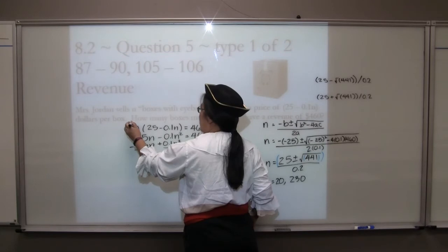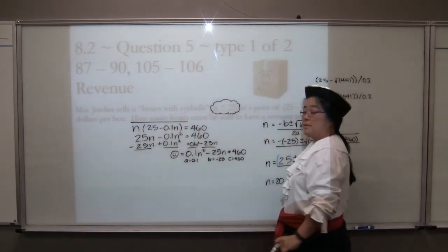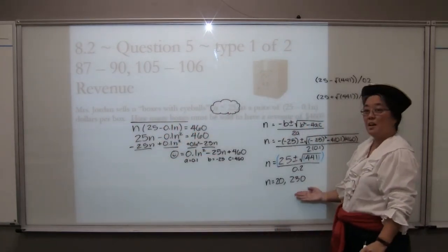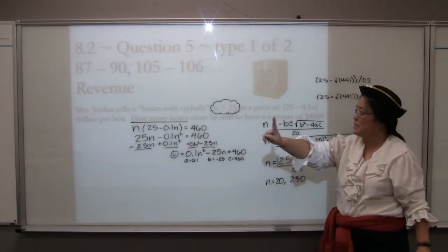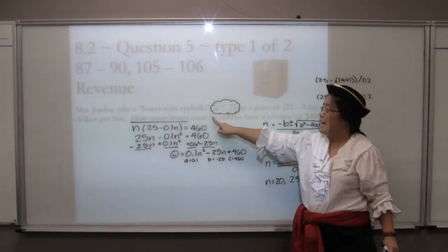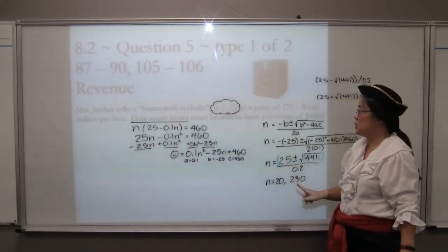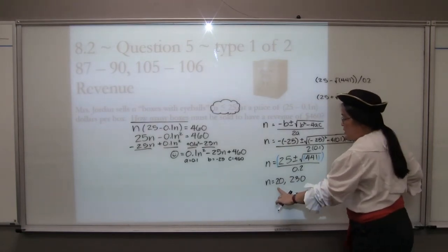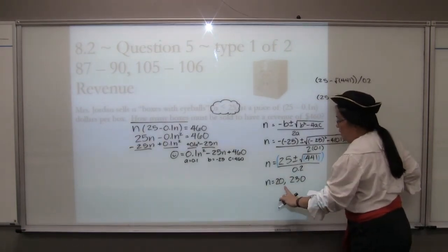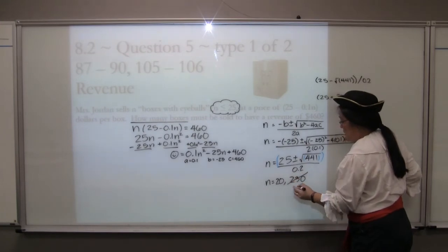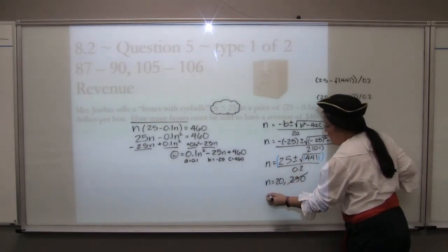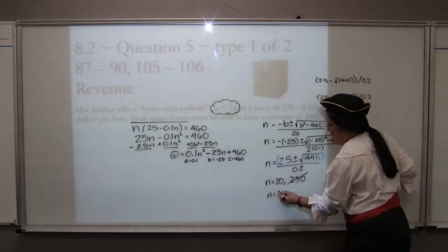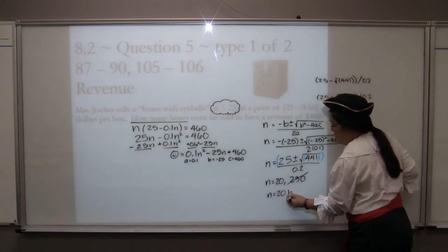Hey, from our English class, this is a writing prompt. How many boxes? This many boxes. But wait, remember this? N is supposed to be less than or equal to 25. The answer is supposed to be less than or equal to 25. It's not this one. It is n equals 20. Hey, it's a word problem. We have to label it boxes.